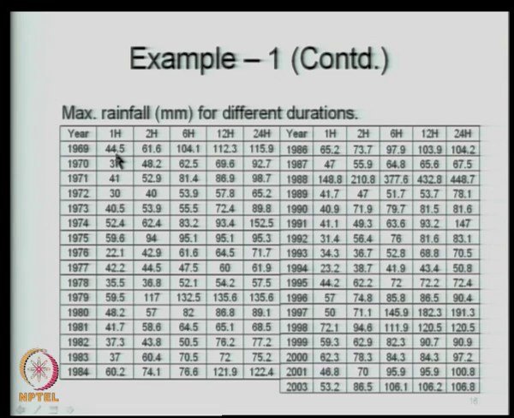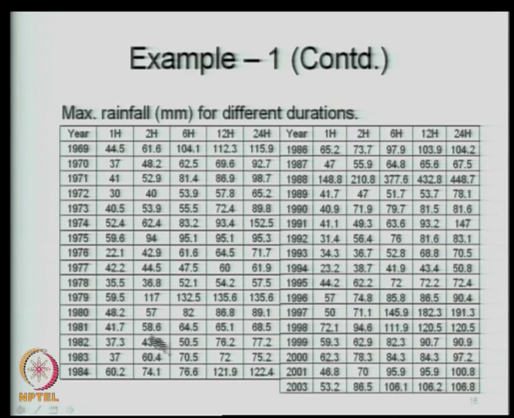That is 44.5 millimeters. Similarly, 6 hours. So, every 6 hours you have data. So, in a day you have 4 such data and 365 such days. So, 4 into 365, out of that you pick up the maximum, that is this value and so on. So, for daily you have 365 values, out of 365 values you pick up this value.